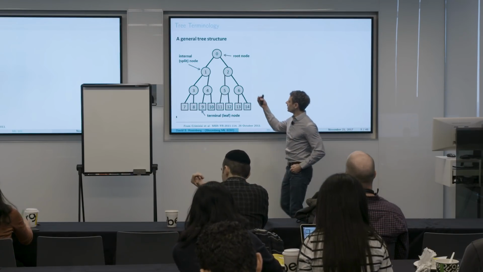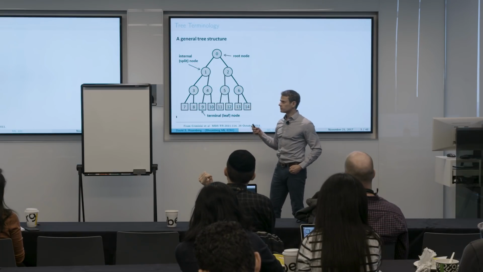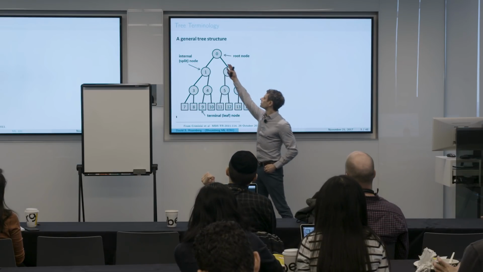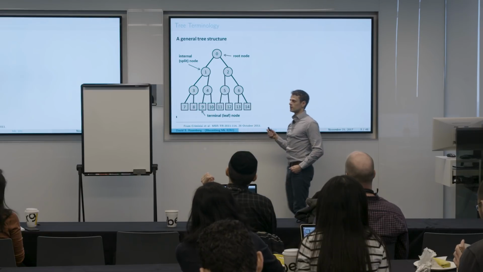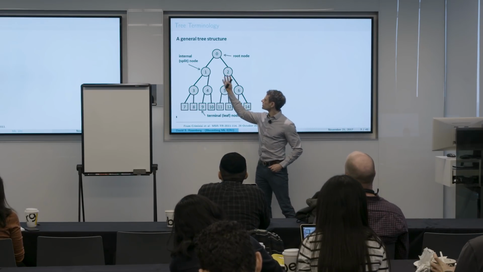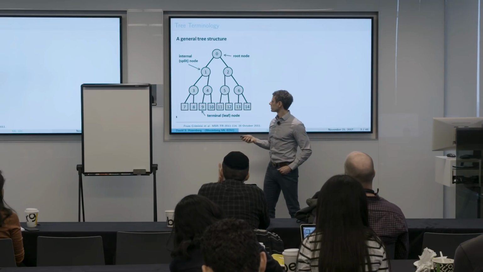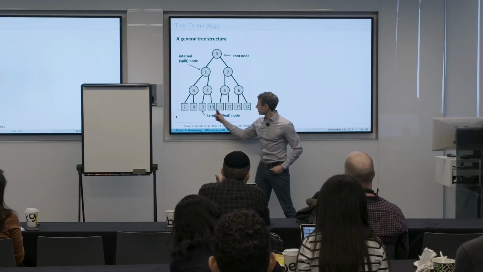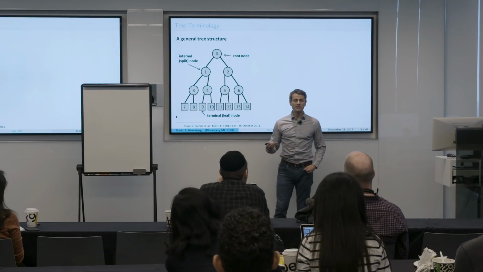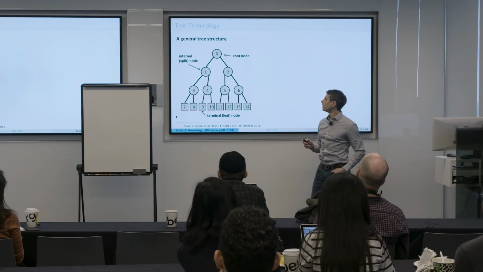So we have a tree of nodes, looks like this. The top node is called the root node, and that's where our decision-making process starts. And these other nodes are called internal nodes, or in our context, split nodes. And the last thing is that the nodes at the bottom are the leaf nodes or the terminal nodes. So we'll need some of that terminology as we go.